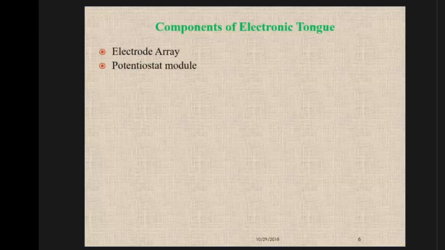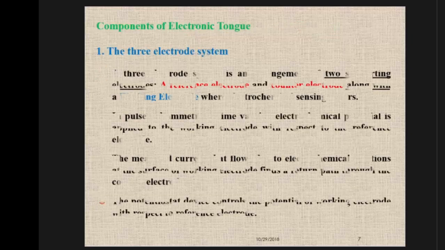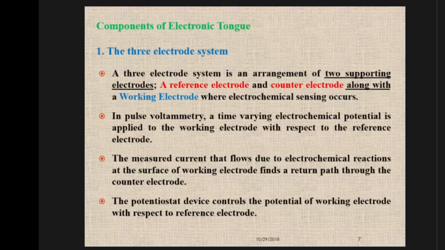So the development involves these three things: the electrode array, the electronics part which is the potentiostat module, and the software module also. The three electrode system is actually a principle of how the electrodes should be arranged.